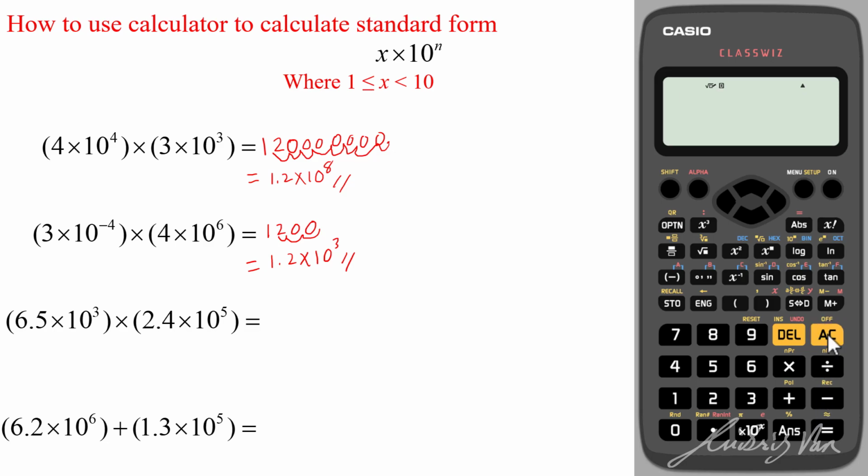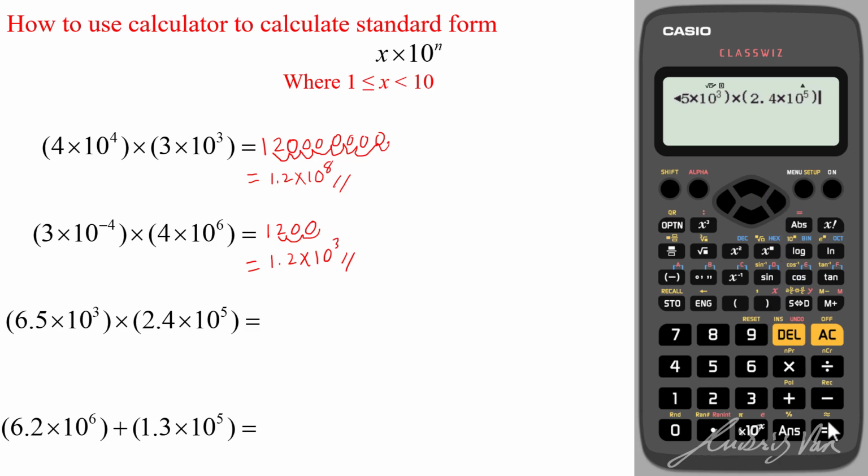The next question, 6.5 times 10 to the power of 3. Oh, I forgot the bracket. But to be honest, it doesn't really matter, but it's just good habit to put the bracket. Times open bracket 2.4 times 10 to the power of 5.